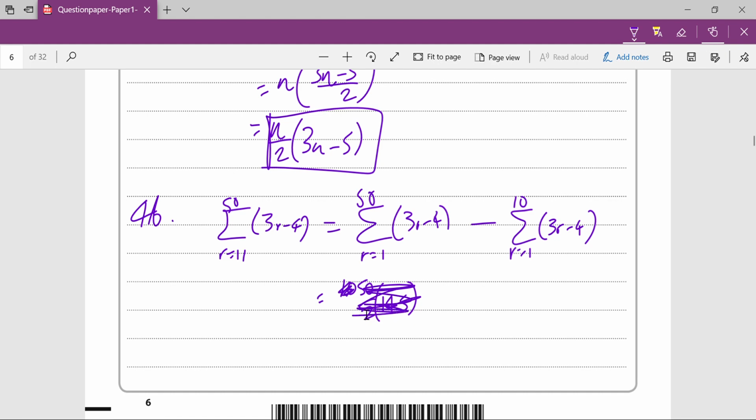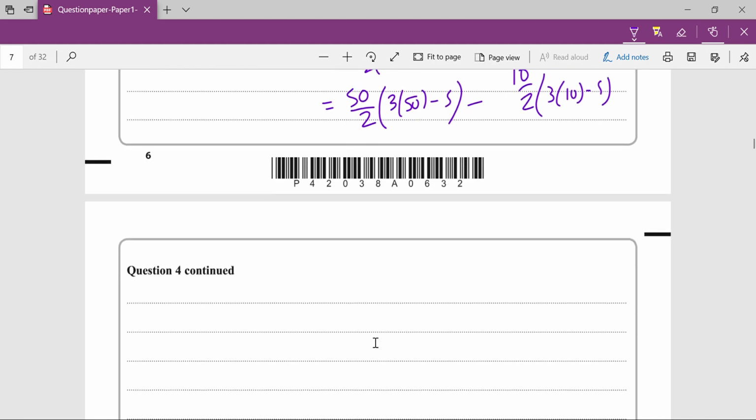Or in fact, let's write this out as the substitution to show that we know what we're doing. So it's 50 over 2 times 3 times 50 minus 5, minus 10 over 2 times 3 times 10 minus 5, which would be equal to, well, 50 over 2 is 25, and of course this is 145, minus 10 over 2 is 5, and then 3 times 10 minus 5 is 25.